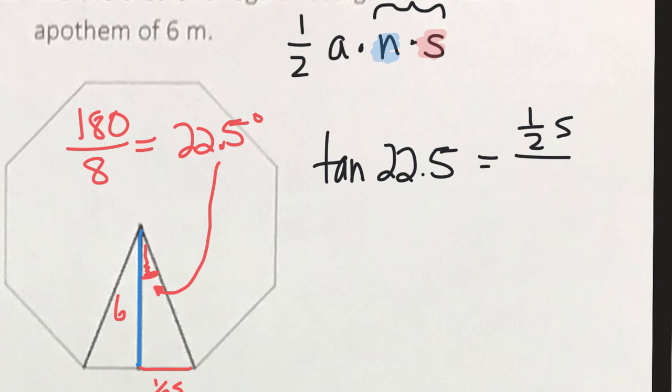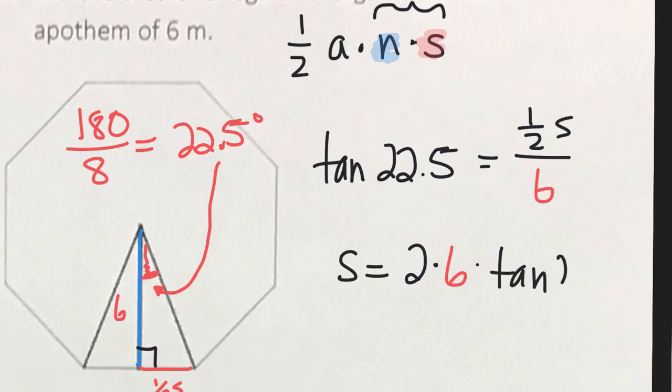If you don't remember the fancy formula, you can always set up your tangent trig ratio, because it's a right triangle. Your apothem is always the perpendicular bisector of the side of your polygon. So the side length is always 2 times the apothem length times the tangent of your angle.